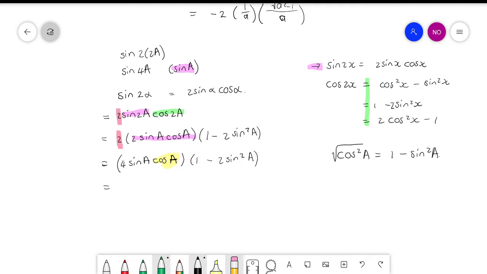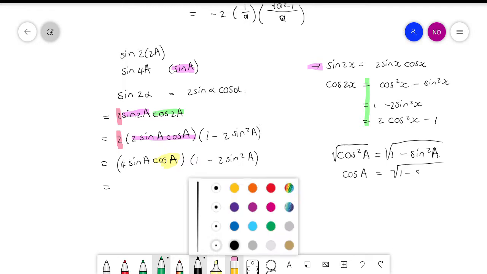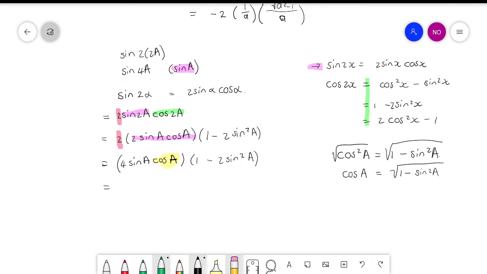So if I do this, then I can say that cos of A is equal to the square root of 1 minus sine squared of an angle. Okay, and that is what I'm going to substitute in there. And then the whole thing is in terms of sin A.